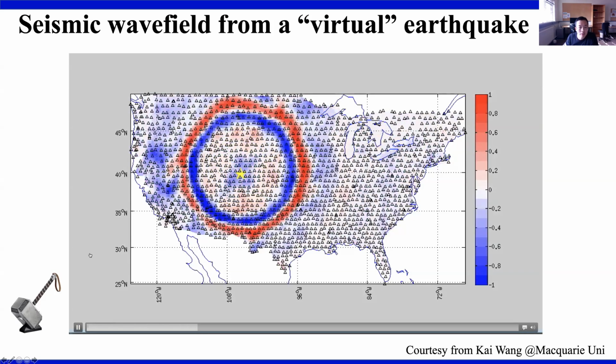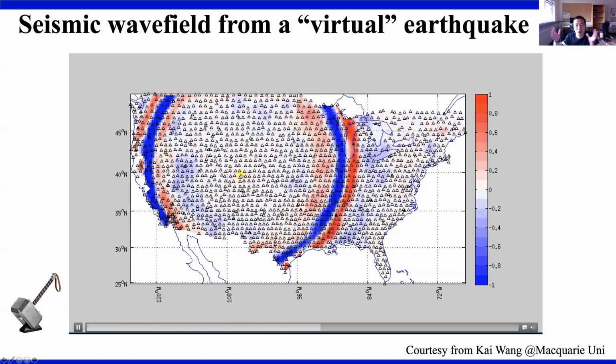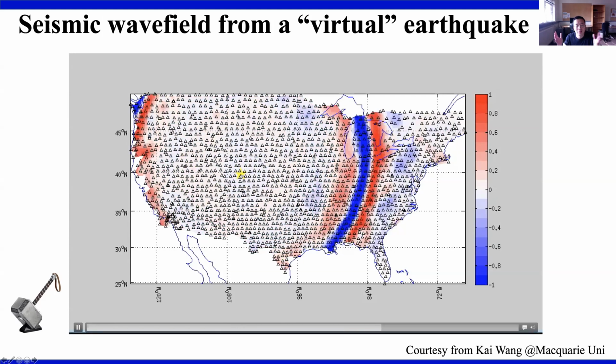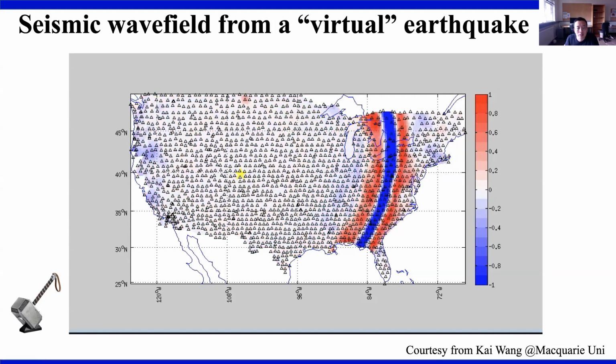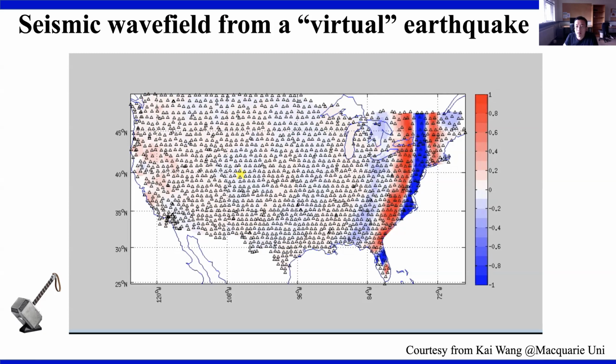Imagine Thor slashing his magic hammer on the Colorado Plateau. I think it's a good movie scenery to imagine. You can see the energy moving out across the continent. Just by measuring the time, we know exactly how long it takes for the energy to travel from the source to the receiver, so we can work out the distance and the velocity very easily. That's the basic idea for the method I'm using here.